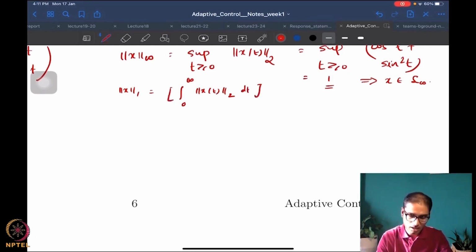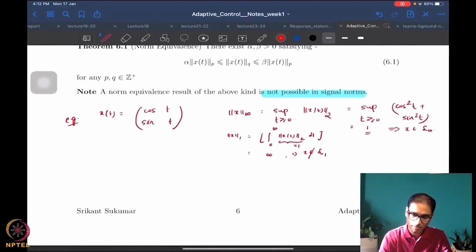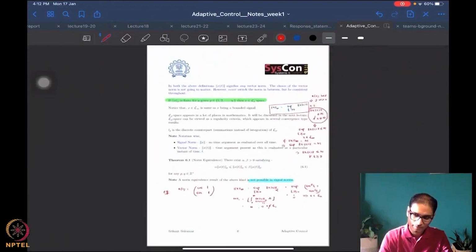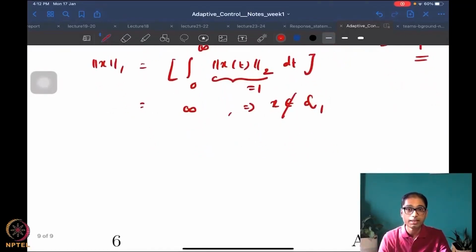What do I get here? Again, the integrand is just equal to 1, integrated from 0 to infinity, so I get infinity. So what have I just seen? That x does not belong to L1. In fact, you can show that x does not belong to any Lp.